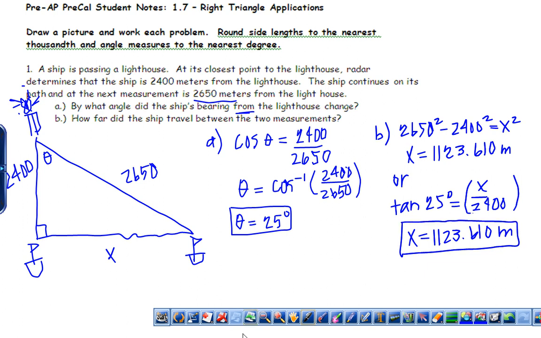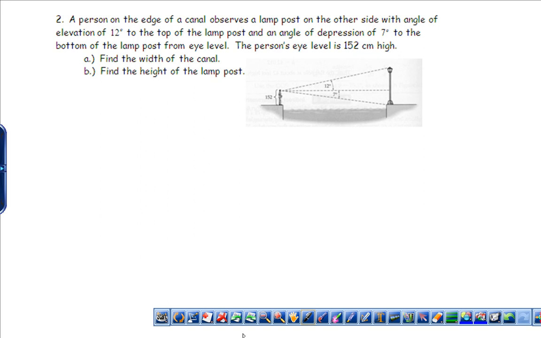All right, let's look at the next one. A person on the edge of a canal observes a lamppost on the other side. So here's my small person, and here is the lamppost, with an elevation of 12 degrees to the top of the lamppost.